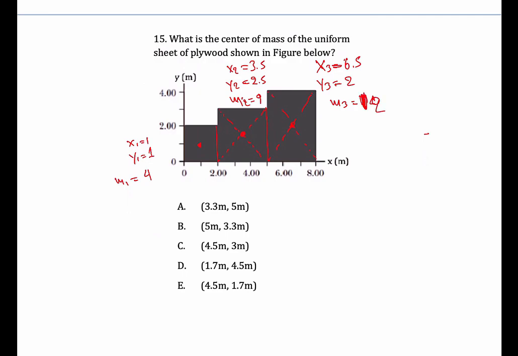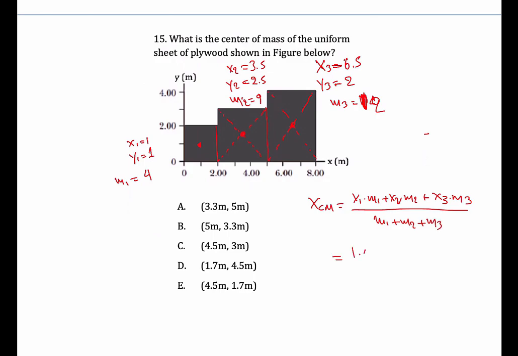Now that we have all of this, it is very easy for us to calculate the center of mass. Most likely the x of the center of mass will be somewhere on the right side after 4 meters, so maybe 4.5, maybe 5. Let's see, maybe we are lucky and we'll just find 5. So x1 m1 plus x2 m2 plus x3 m3 divided by m1 plus m2 plus m3.